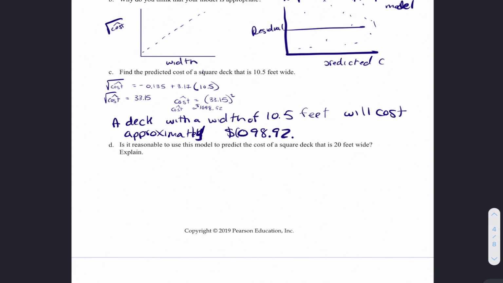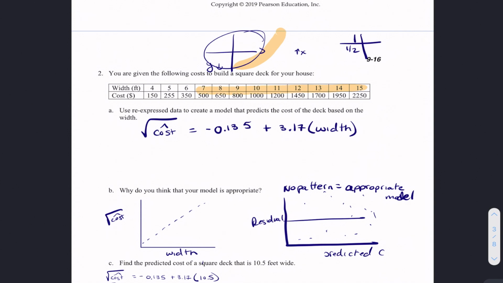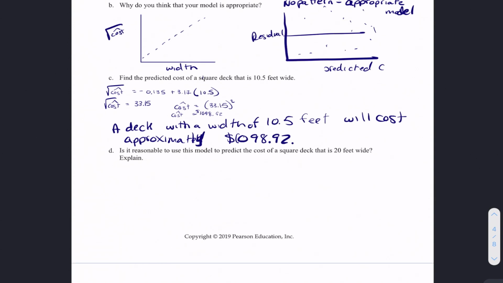Last question. Is it reasonable to use this model to predict the cost of a square deck that is 20 feet wide? Now notice, our model goes up to 15 feet in terms of width. 20 feet is significantly past 15. This is an idea about extrapolation.